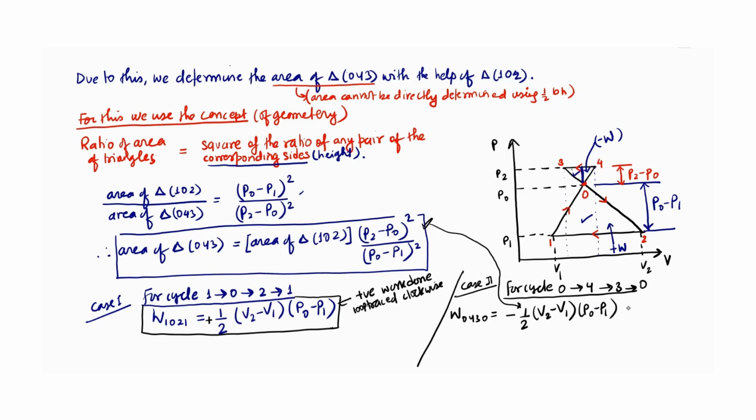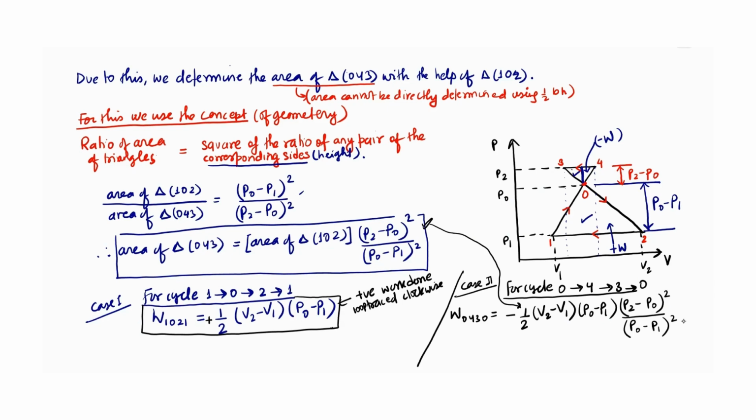And we have P2 minus P0 whole power 2 divided by P0 minus P1 whole power 2. So we have this.